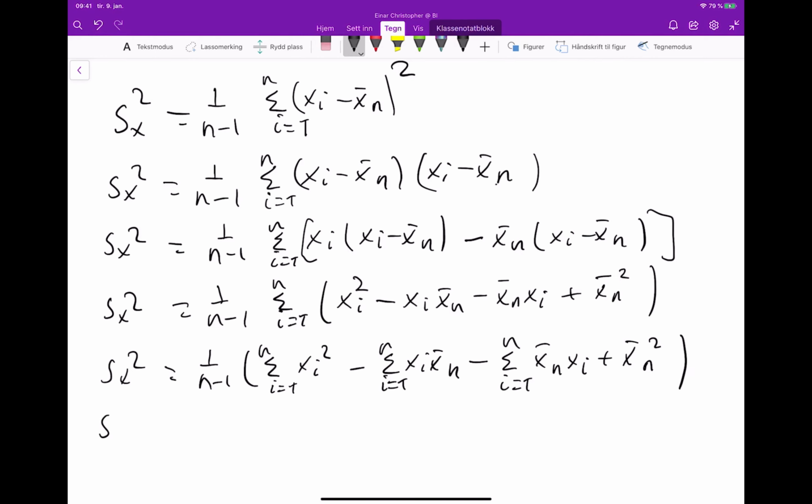Like this. And now I'm going to use the fact that x bar n is a constant.